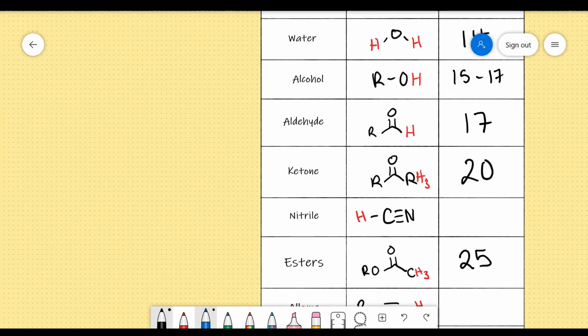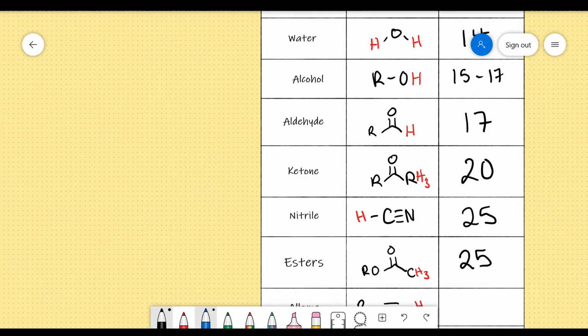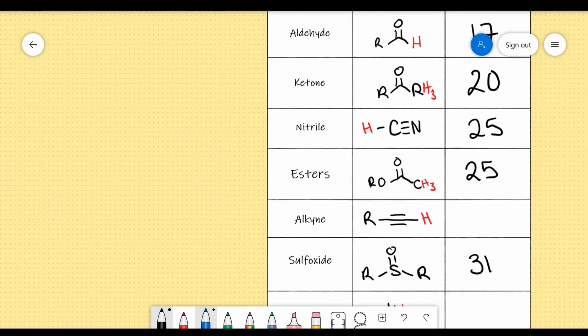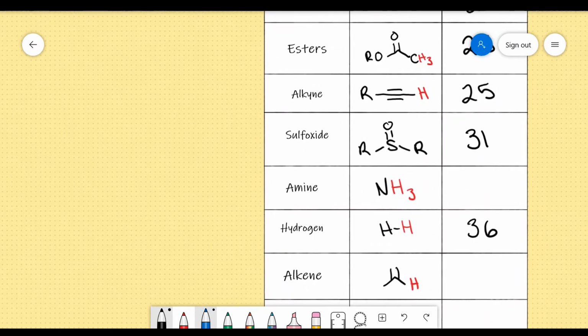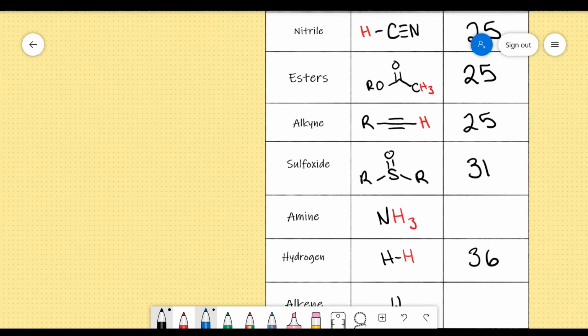The nitrile is going to be 25. You'll notice that a lot of things around here are going to be 25. The alkyne, also 25. An alkyne is any carbon group or chain that has a triple bond involved. Okay, then an amine, it's going to have 35 as its pKa.